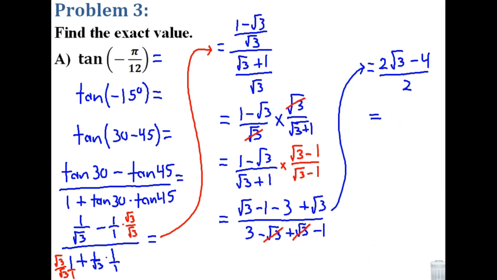And then the last step, finally, I can reduce this. I can reduce the 2 and the negative 4 with this 2, and we end up with root 3 minus 2, because I have to divide both these terms by the 2. Okay, that's my final answer.